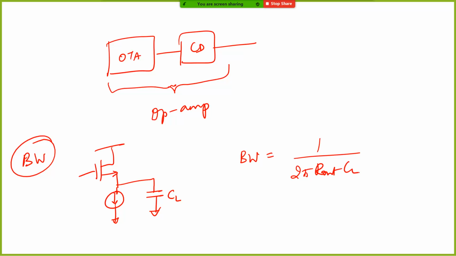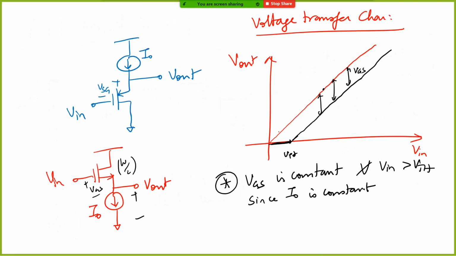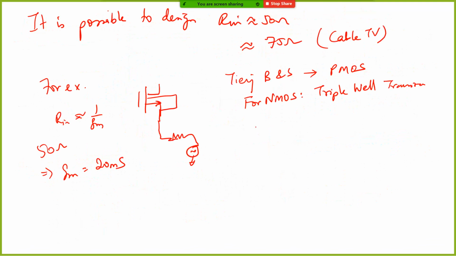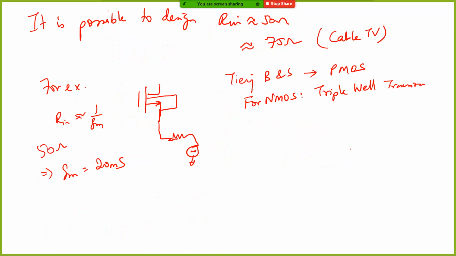Now we know that for a common drain amplifier, the Rout is very, very small. The Rout is on the order of 1 by (gm plus gmb). That's the input impedance of a common gate amplifier. If you remember the discussion that we had just some time back, for a common gate amplifier, we saw that Rin is equal to 1 by (gm plus gmb), and we said that you can design amplifiers having input impedance of 50 ohm, 75 ohm, 100 ohm, things like that.